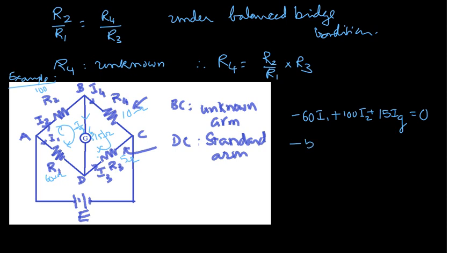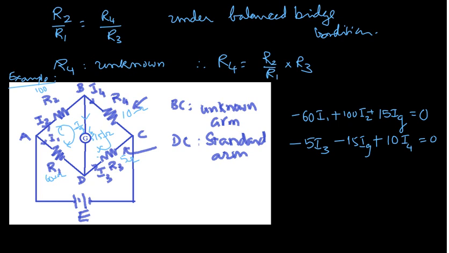Now if you look at the example he has given in the textbook, this is where the actual application of Kirchhoff's law comes in. I had put Ig here, but in the textbook, whatever current is going through, he wrote I1 or I2 minus Ig. So 10 times I1 minus Ig, and minus 15 Ig.